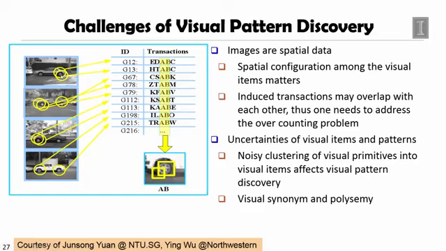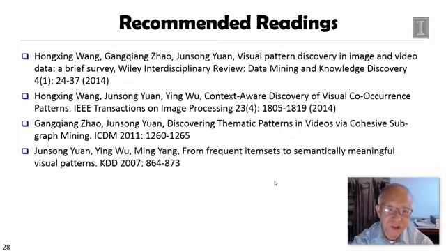Essentially, sometimes the same feature may represent different objects, or one object can be represented by different kinds of feature sets. So we need to revise our frequent pattern discovery algorithm to handle the overcounting problem, uncertainty problem, synonym, and polysemy problems.